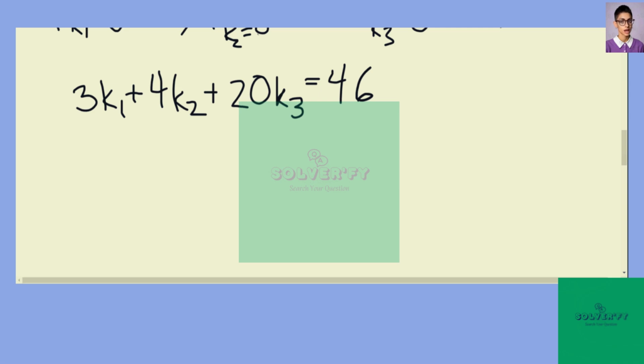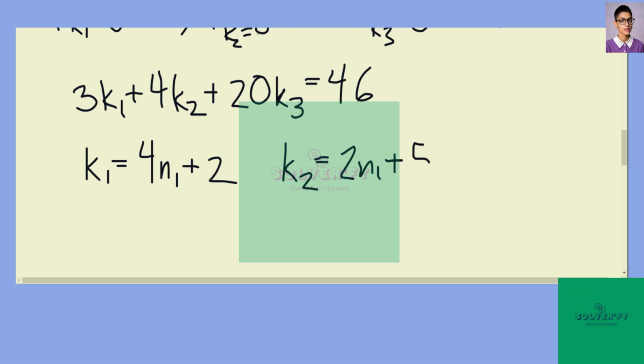From the computer algebra system, however, this can be more simply written as k1 equals 4n1 plus 2, k2 is equal to 2n1 plus 5n2, and k3 is equal to negative n1 minus n2 plus 2.